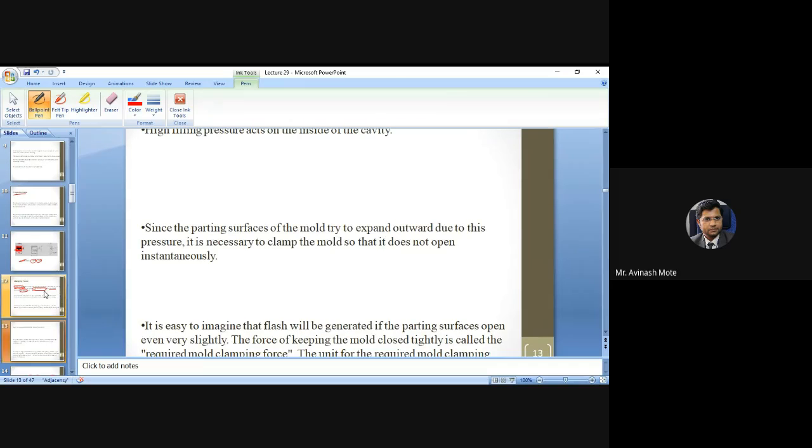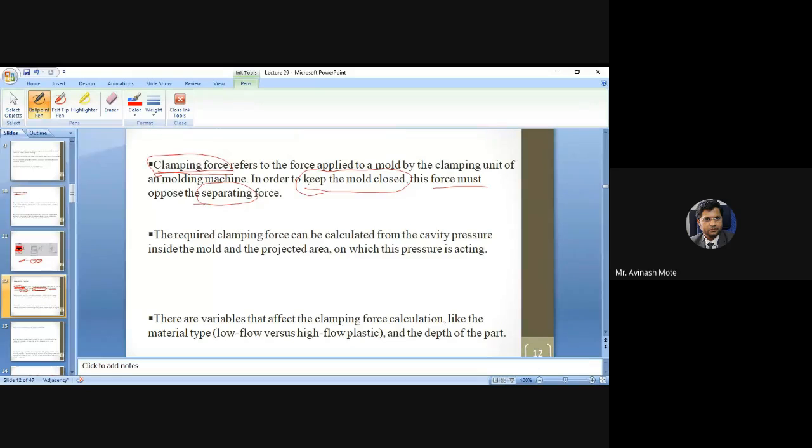Clamping force is the force required to keep the mold closed. Here I will show you. Only one purpose of the clamping force is to keep the mold closed. Otherwise, what will happen? The outside atmospheric air or gases will try to enter into the cavity, and this will trace a path which will create voids.